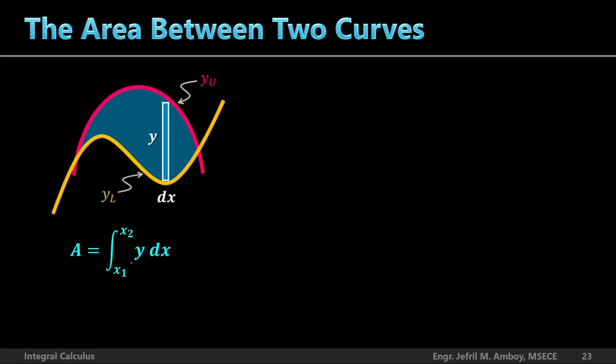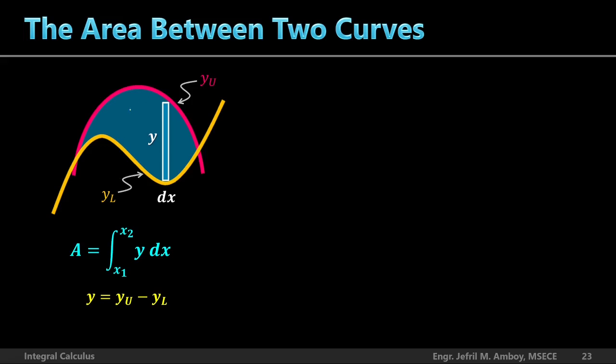So now this y is the difference between these two. Okay, so this y, again, we will represent it as the difference between the upper curve and the lower curve. Tandaan, yung y dito sa integral ng y dx ay laging upper minus the lower curve. That will be our convention.